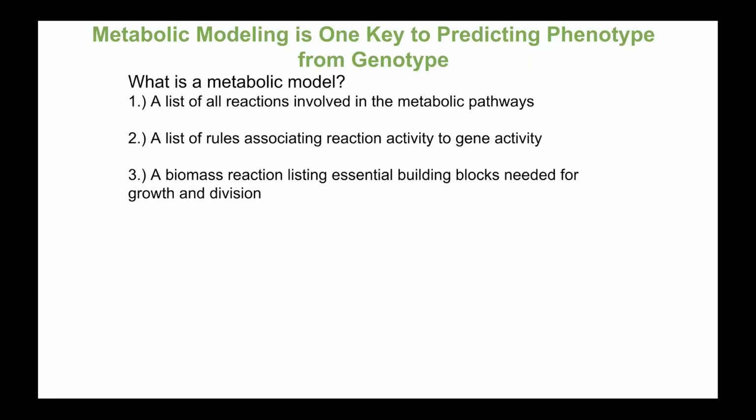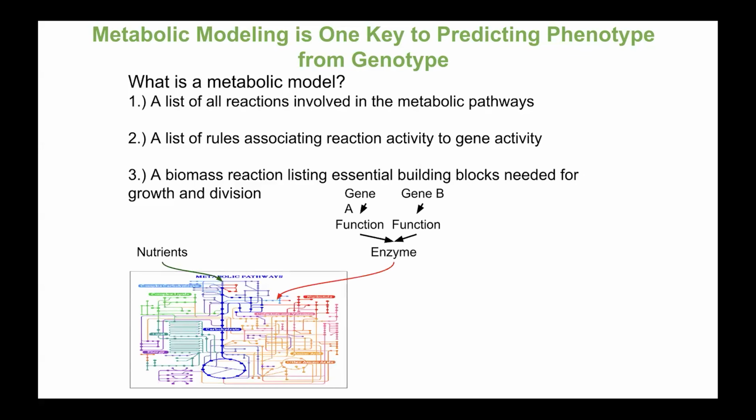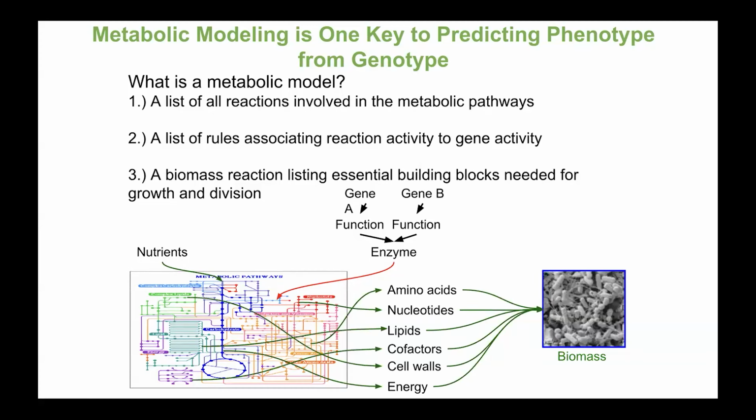You also get some rules about the activity, such as gene A performs function A, gene B performs this function. And then you get a biomass reaction, which is just the basic building blocks for growth.